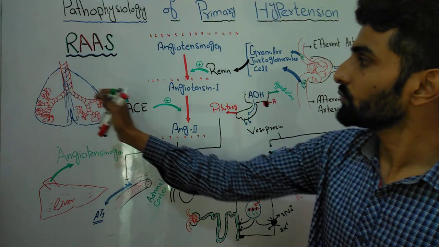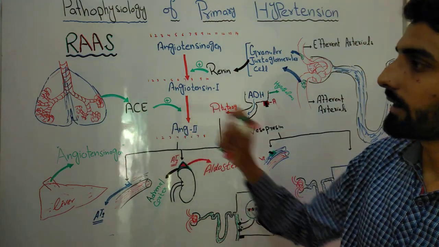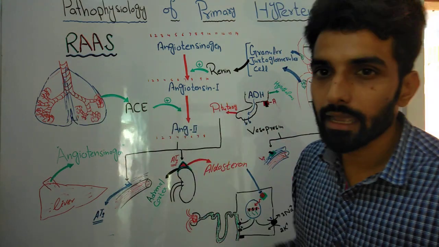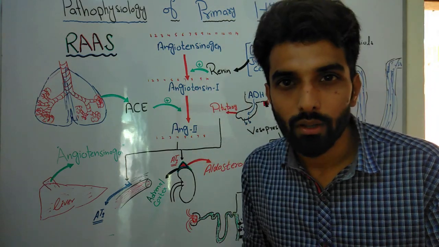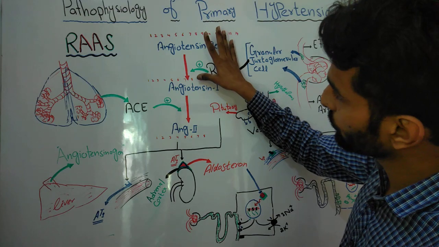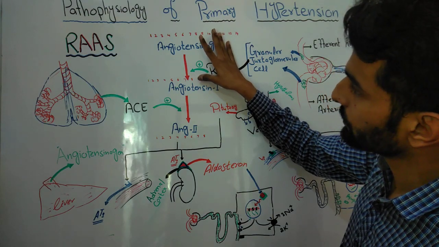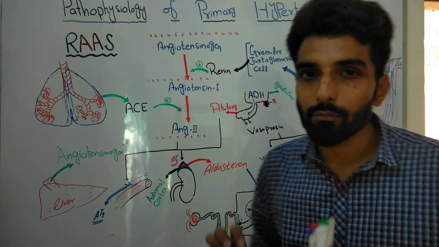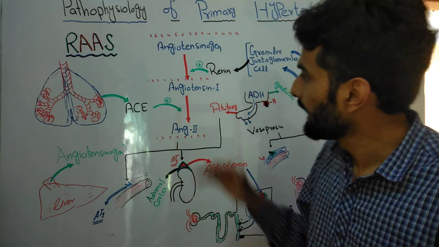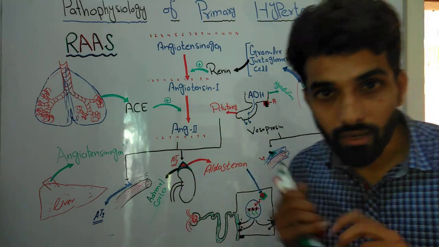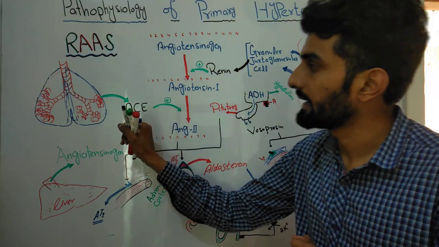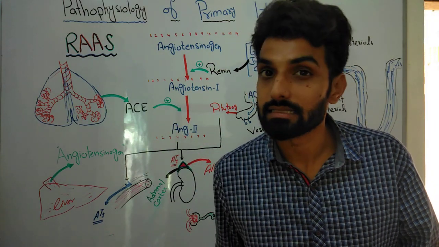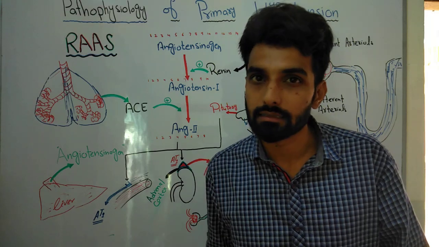The lungs release angiotensin converting enzyme, and this enzyme converts angiotensin 1 into angiotensin 2 just by removing the terminal 2 amino acids.